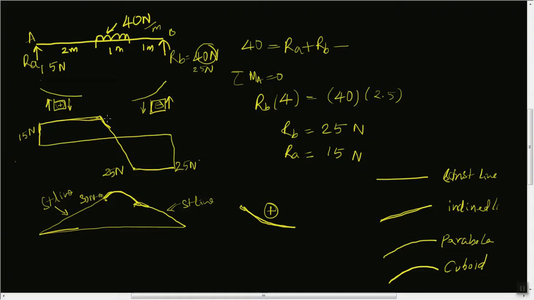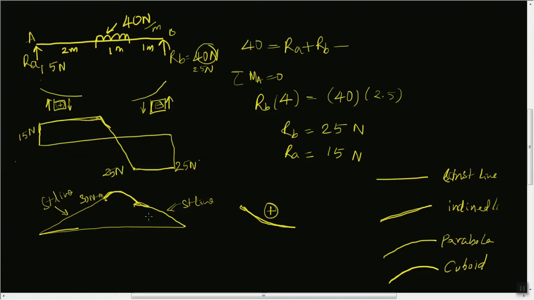For example, the slope here is nothing but this total height, which is 30 by 2 meters. So it is 15, that is matching with the shear force diagram.